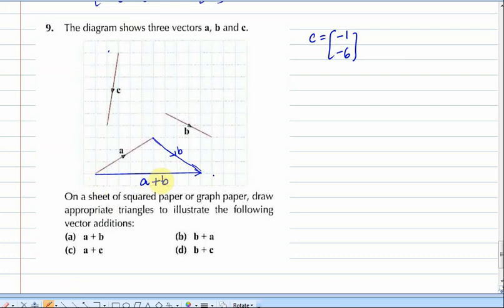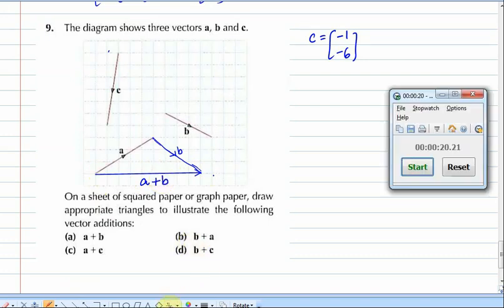So you need to draw the triangles on your graph paper. If you draw it on the graph paper, it will be a more accurate answer. So first try it by yourself, and you have 1 minute for second part B plus A. Start.